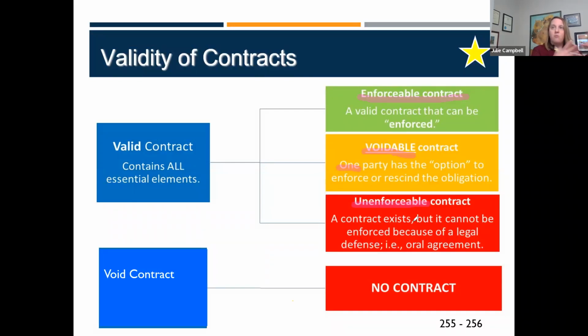The judge says one of these essential elements is missing. This contract is void. Again, if we don't take it to the judge, it could be fulfilled. Everybody hear what I'm saying? I can't make it voidable. You can't make it void. That's up to the judge.